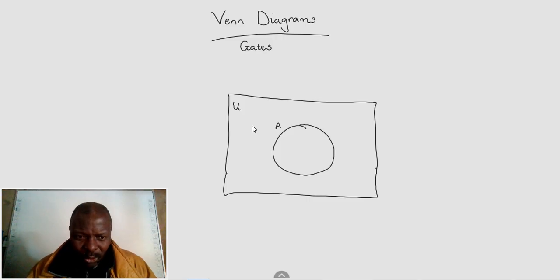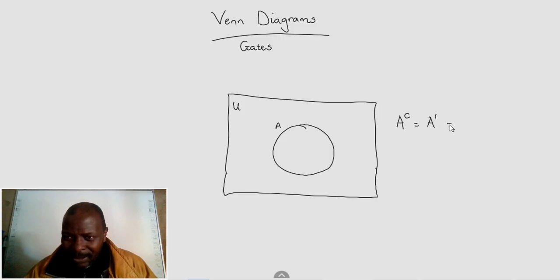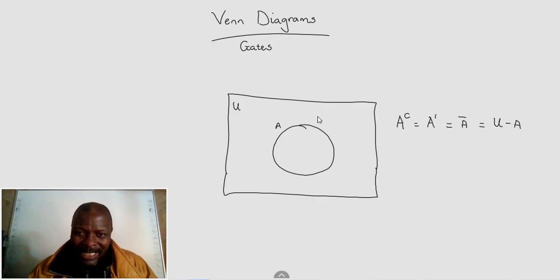This will be called the complement of set A, also written as A's complement. This means not A, that is, it does not belong to A. It means all animals, the universal set, minus A. It's all the animals that are outside of A.